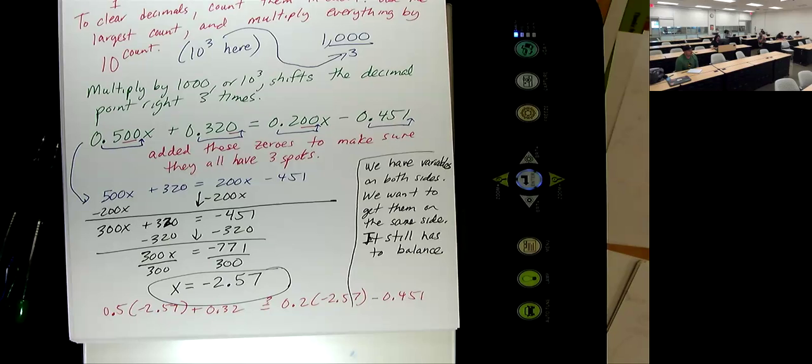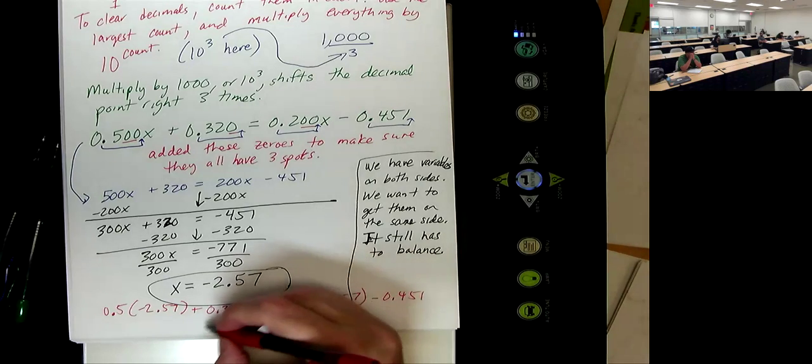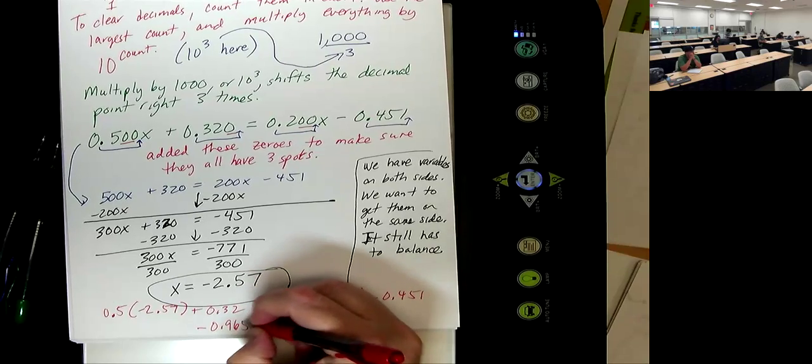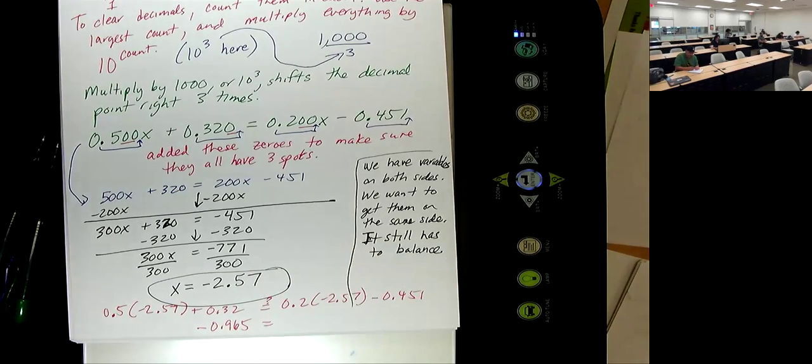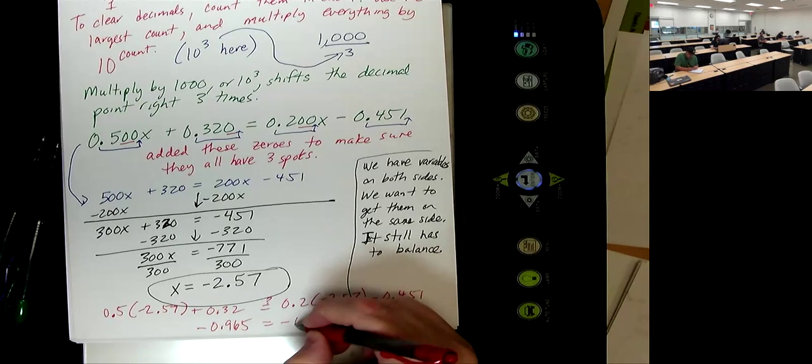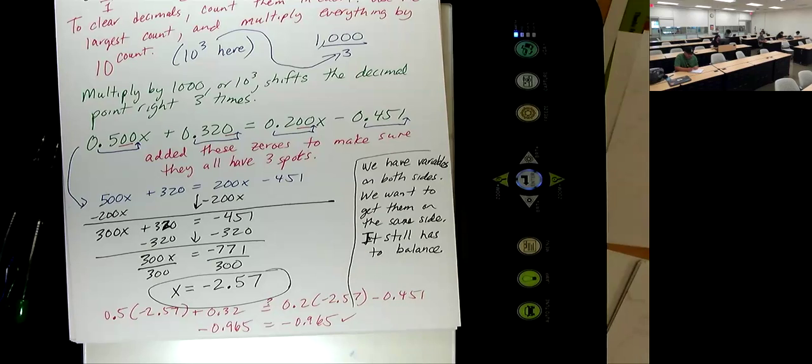So if I do 0.5 times -2.57, and then I add 0.32 to it, on the left side I have -0.965. And on the right side, I also get -0.965. So it does work. We did have the right answer.